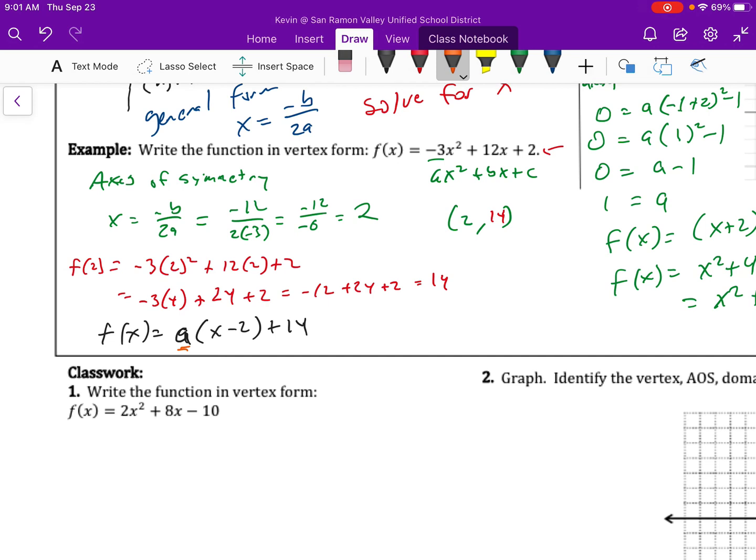Our a is right here, negative 3. We know a equals negative 3. So we're going to write it as f of x equals negative 3 times x minus 2, this is squared, I keep forgetting to put that in there, plus 14.